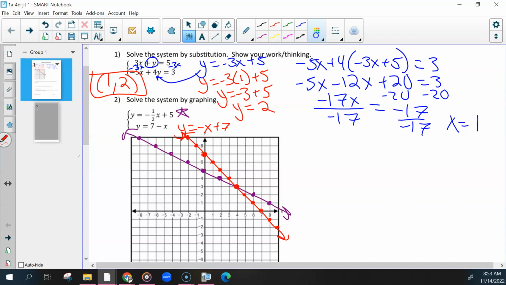So then your solution would be at 4, 3. So as long as you graph your lines correctly and they're already in y equals mx plus b, you can use your calculator to double check that. Questions on that one?